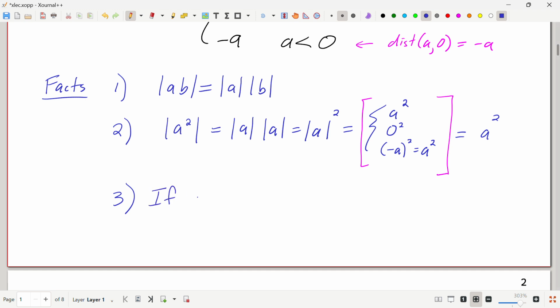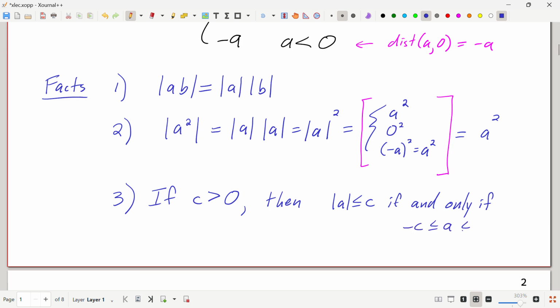If C is bigger than or equal to 0, if C is bigger than 0, then the absolute value of A is less than or equal to C if and only if minus C is less than or equal to A is less than or equal to C.